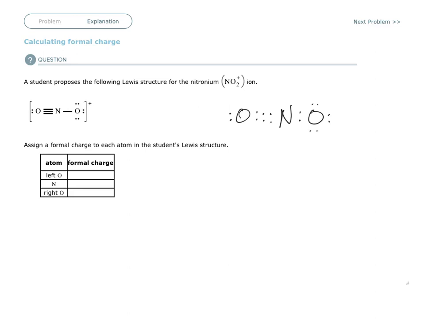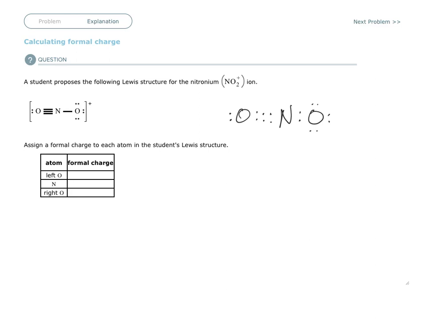All right, now, when you're assigning formal charge, anything that is a lone pair is assigned to that element. So, for instance, this oxygen's lone pair would be assigned to that oxygen. And then 1/2 of the electrons that are bonding electrons are assigned to each.